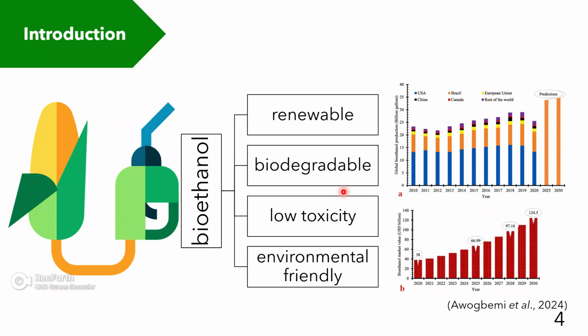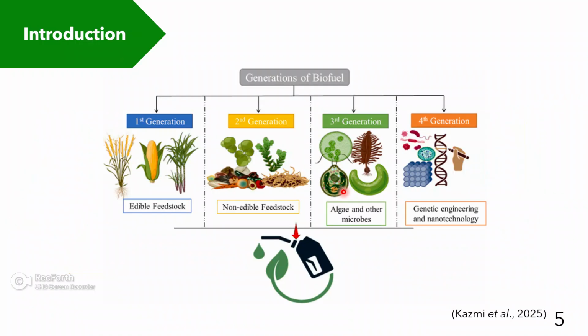Biofuel includes bioethanol, which is renewable, biodegradable, low toxicity, and environmentally friendly. This is the trend of global bioethanol production, which is predicted to increase over the years. Because this demand is increasing, the market value will also increase.